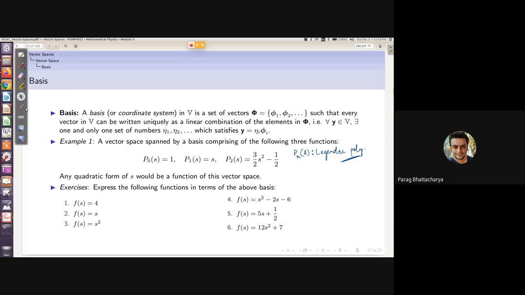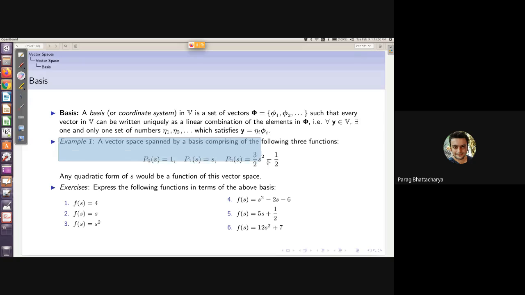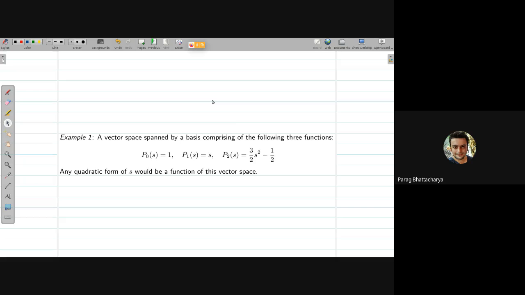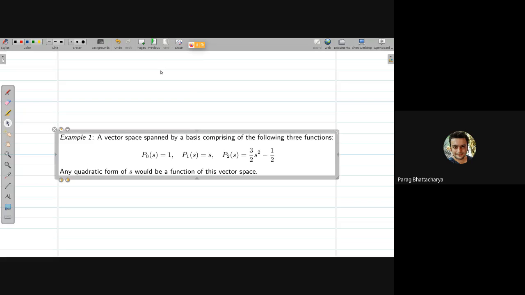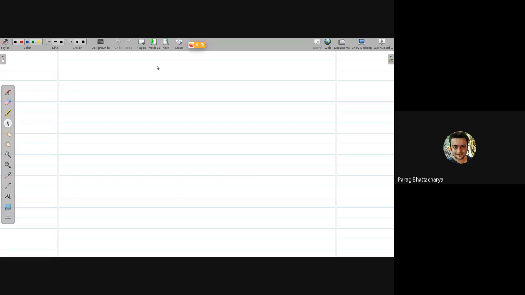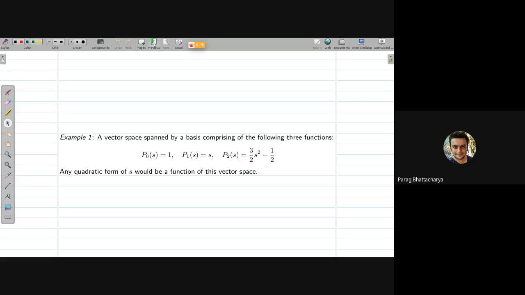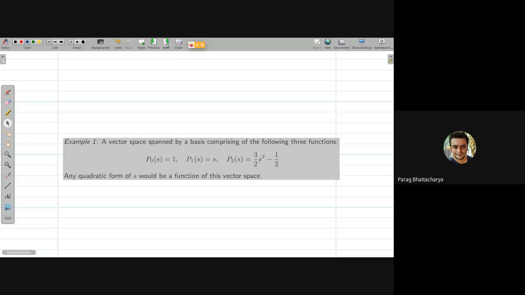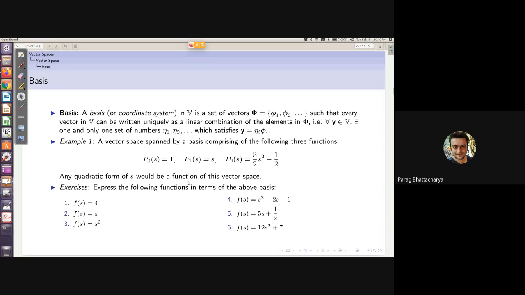We want to express these functions. So let me take an example. I'll do problem number 4. Let me quickly grab this, and let me do question number 4.